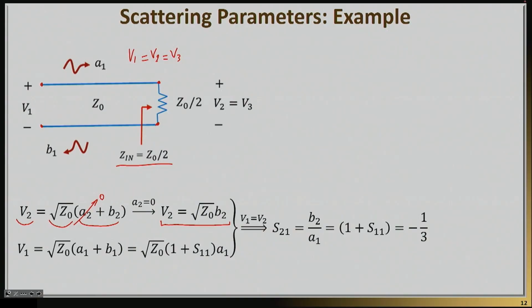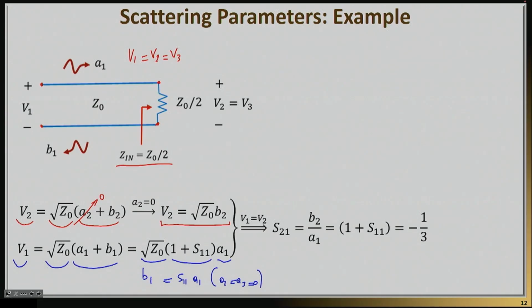Similarly, let's look at what happens in port 1. In port 1, the voltage V1 will be equal to the square root of its own characteristic impedance, Z0 in this case, times, of course, again, A1 plus B1. Now, since V1 is the square root of Z0 times A1 plus B1, and I already know that B1 is equal to S11 A1, provided, of course, that A2 and A3 are equal to 0, which they are in our case, then I can simplify that expression and write it as square root of Z0 times 1 plus S11 times A1.